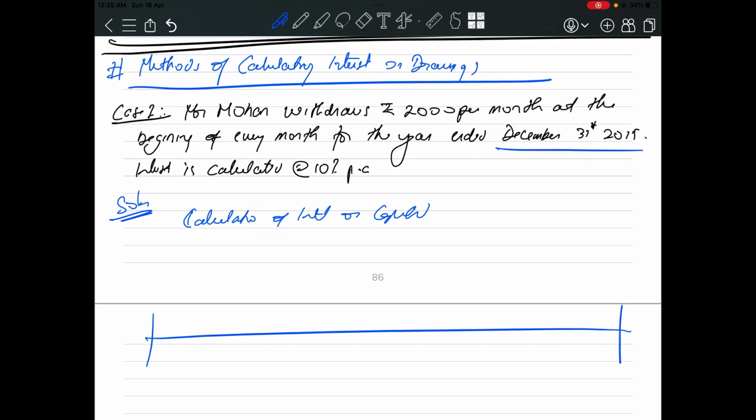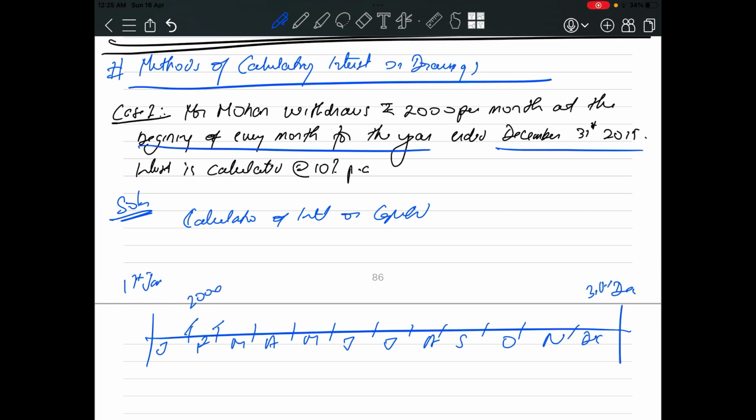The year is ending on 31st December, so it will start on 1st Jan. Mr. Mohan withdraws 2000 every month: Jan, Feb, March, April, May, June, July, August, September, October, November, December, at the beginning of every month.